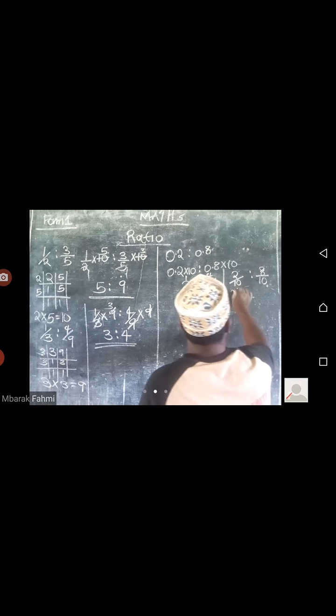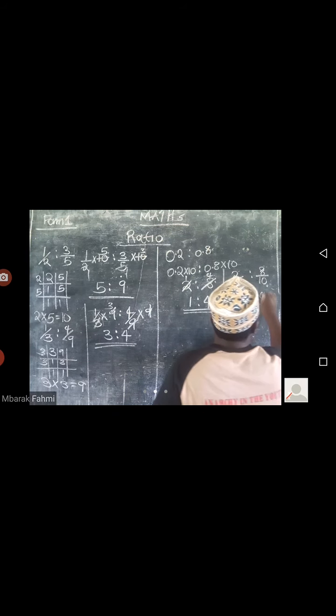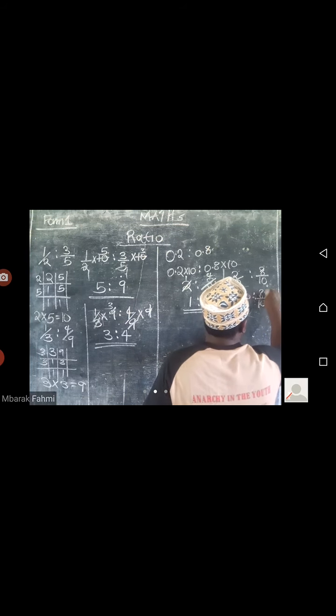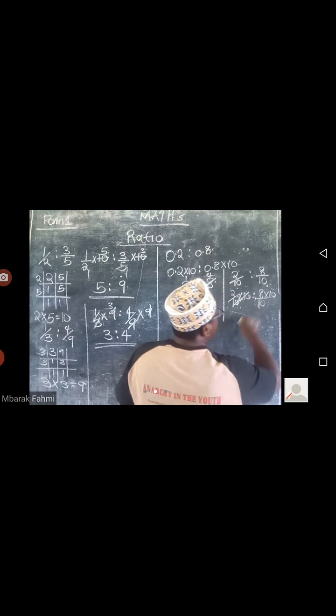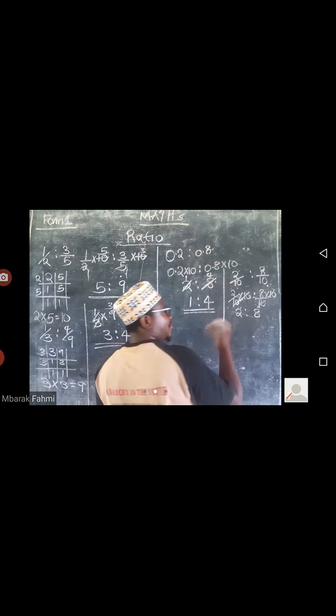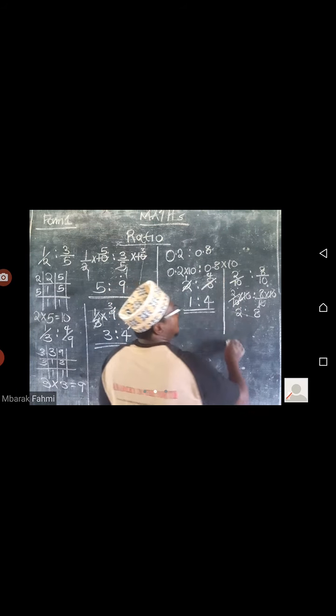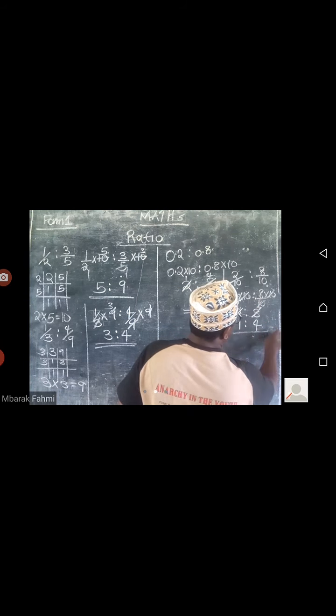So the LCM of 10 and 10 is 10, isn't it? So that will be 2 over 10 times 10, and then 8 over 10 times 10, because that is their LCM. 10 and 10 will cancel, 10 and 10 will cancel. Therefore, we'll have 2 times 1 is 2, and 8 times 1 is 8. From there, you can further simplify it by saying by 2, 1, by 2 is 4.